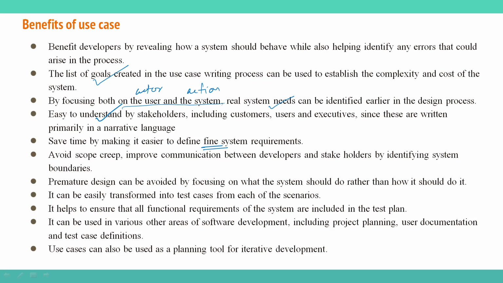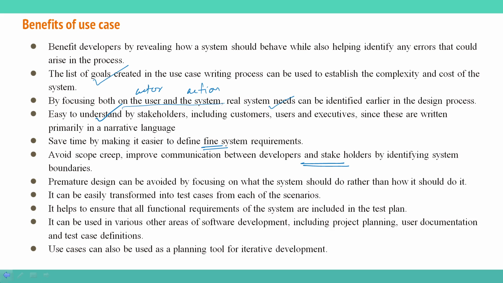Scope creep relates to the communication between developers and the stakeholders. Developers can understand in one form, and the users can understand in another form. So this gap can be filled by using these use cases.